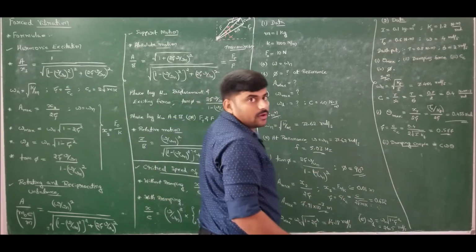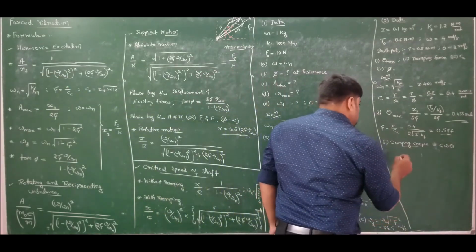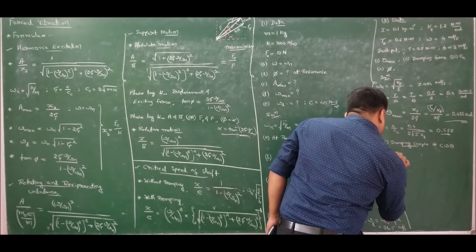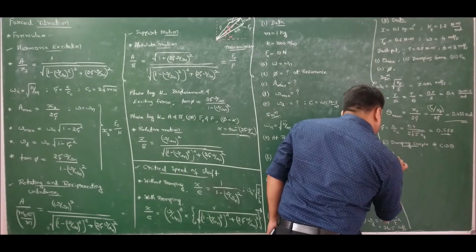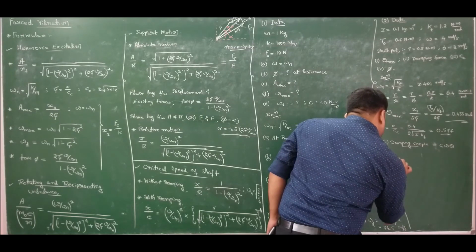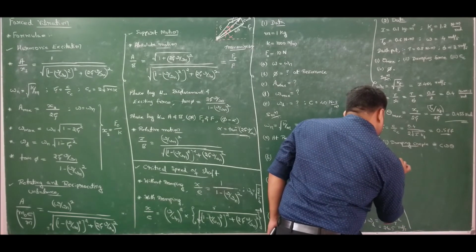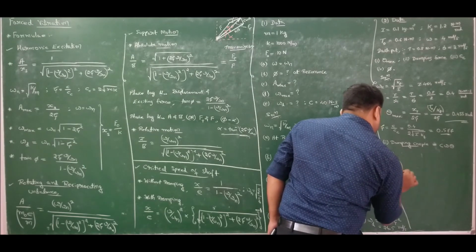The amplitude of vibration is theta. So theta by xs, where xs is F naught by k, here T naught by kt.